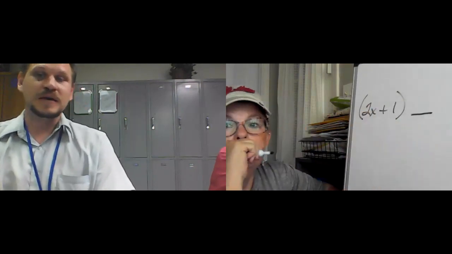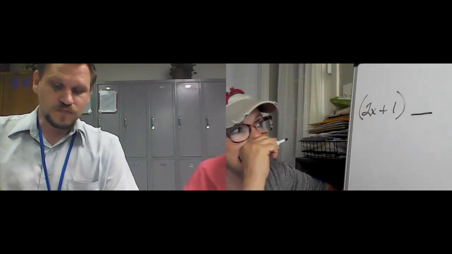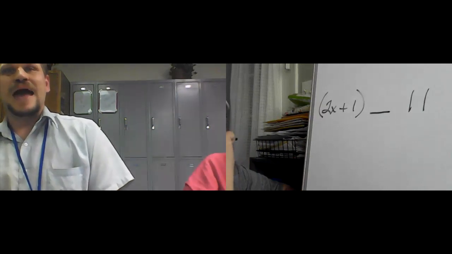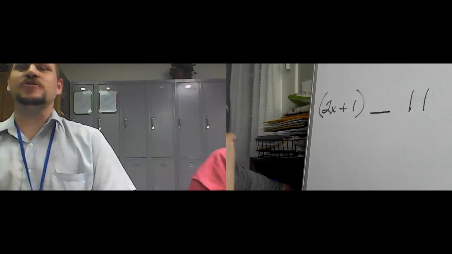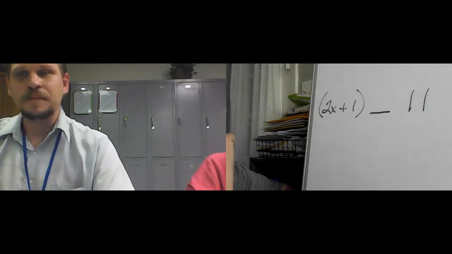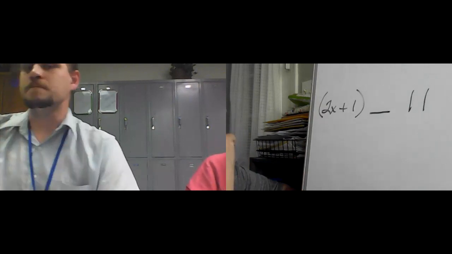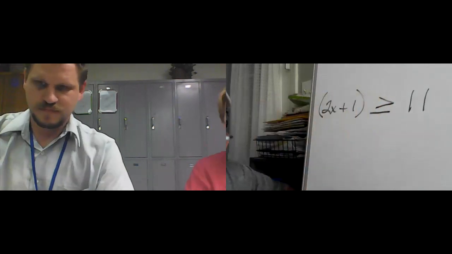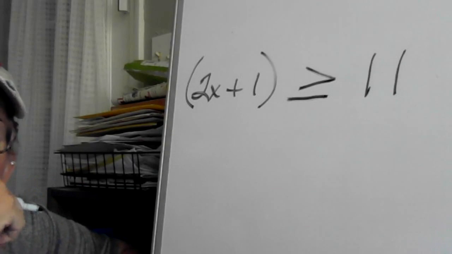It's going to be equal to, but at least would mean that you have the 11, but then you could also have more. Yes, that's exactly right. You're thinking exactly right.